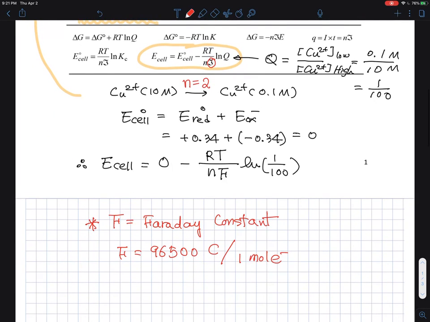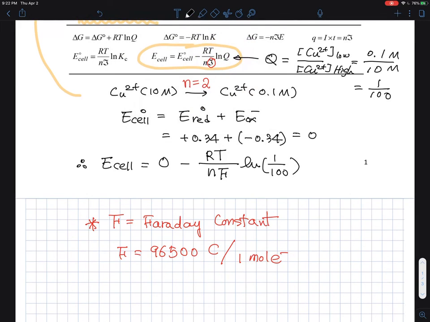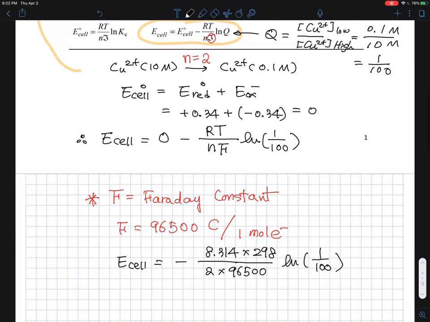So therefore, I ended up writing that equation now. E cell is minus 8.314 times 298 over 2 times 96500, and the natural log of 1/100, where 298 Kelvin is room temperature. Okay, so that's in volts.